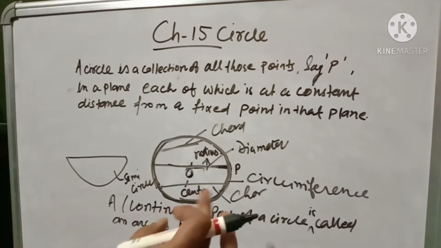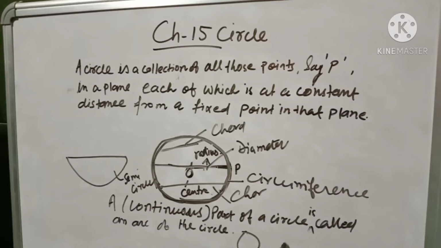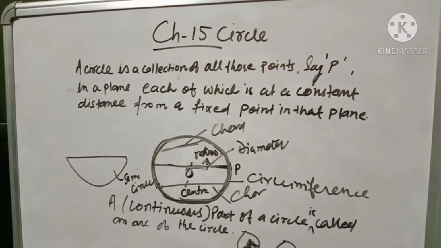Two circles are called equal if and only if they have the same radius. Suppose its radius is 2 cm, and the other is also 2 cm, they will be equal.